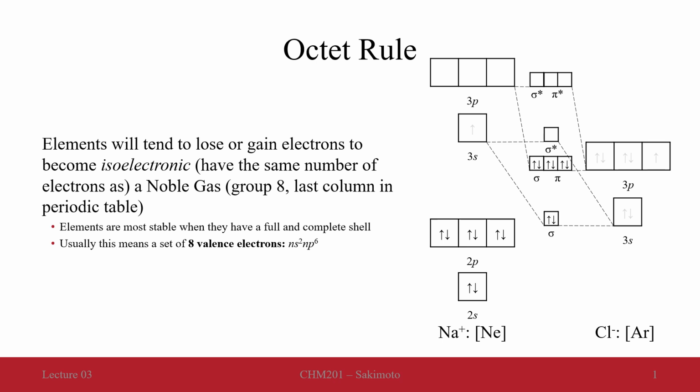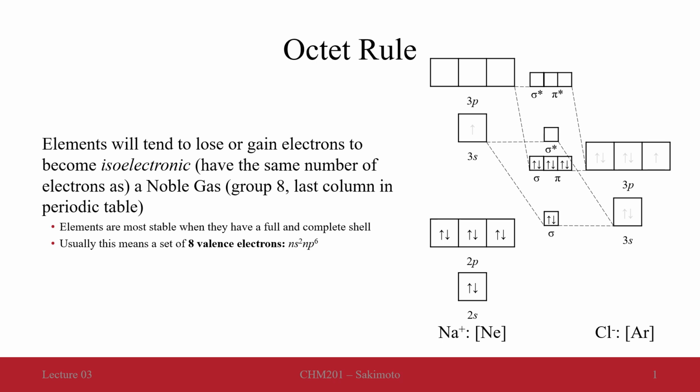And one of the big results from MO theory is that most elements, particularly these smaller, lighter ones, will want to achieve an electron configuration, again, isoelectronic to a noble gas, which in many cases requires having 8 valence electrons. Quite often, 2 in an s orbital and 6 in a p orbital.